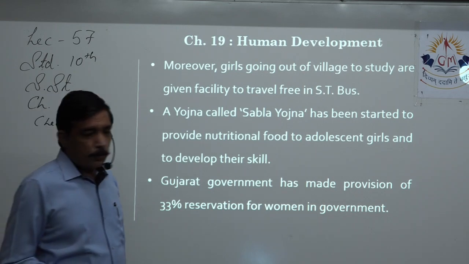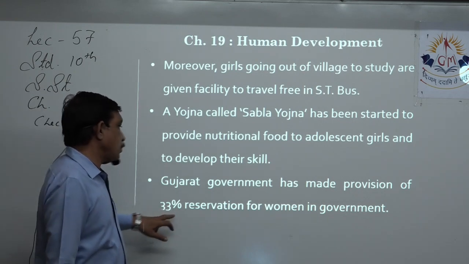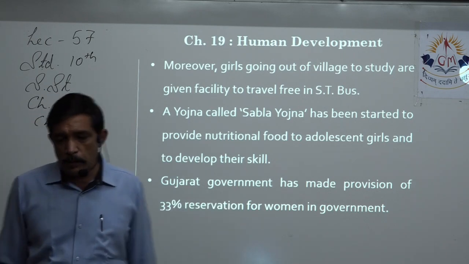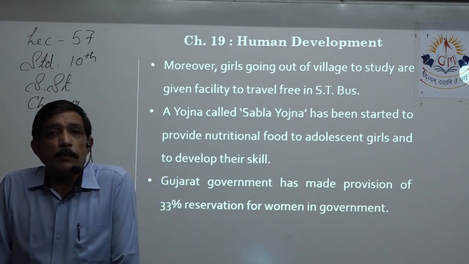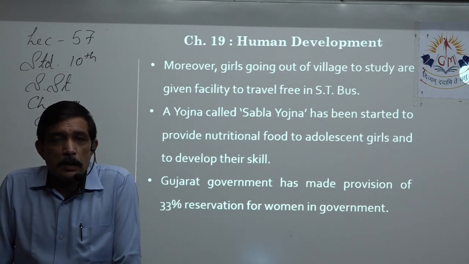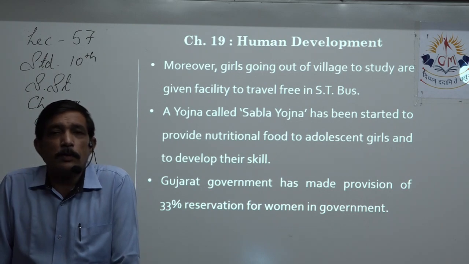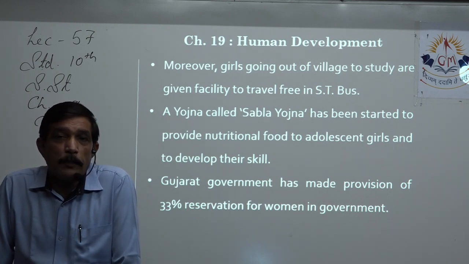Gujarat government has made a provision, this is very very important, of 33% reservation for women in the government. For example, in the Vidhan Sabha or the Lok Sabha, everywhere there is 33% reservation for women.